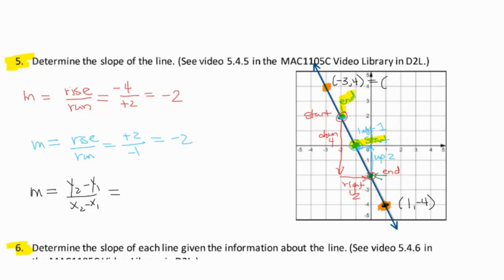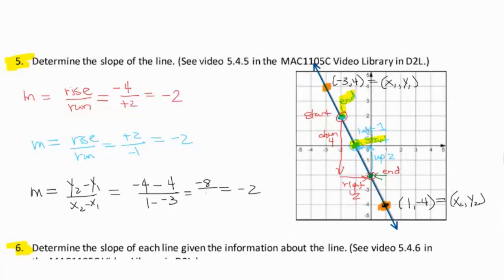And they say, okay, let's let the -3, 4 be my x1, y1. And the 1, -4 be my x2, y2. We're going to plug in. We get -4 minus 4 over x2 is 1 minus x1 is -3. Be careful with your signs. That's going to be a -8 over a +4, which is still -2.